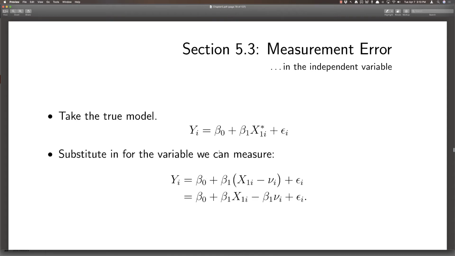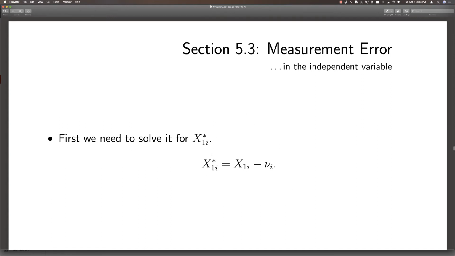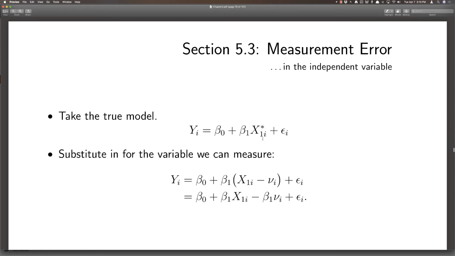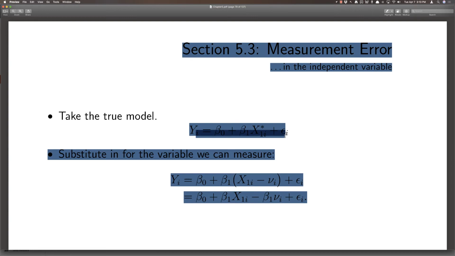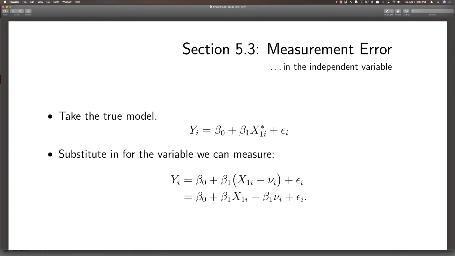What I'm going to do is take the true model and plug in what I can actually measure, but with error. So that's what I'm doing down here. I take the original, the true model, and I substitute in for X1 star. That's what I've done right here.